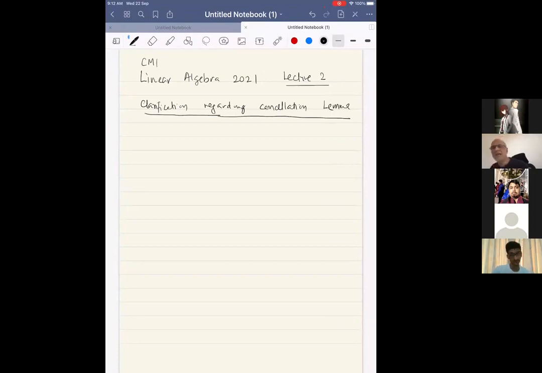So this is really a clarification regarding definitions, and we will use a cancellation lemma in a way that I'm just expanding on what I said in the last class and what I said in the notes. Okay, so supposing I want to define a vector space, I'll give you 3 sets of definitions.